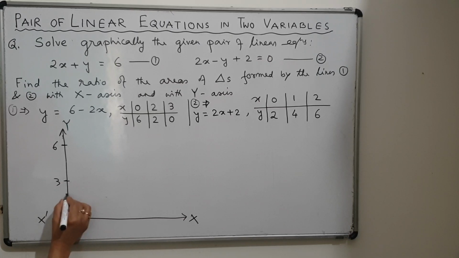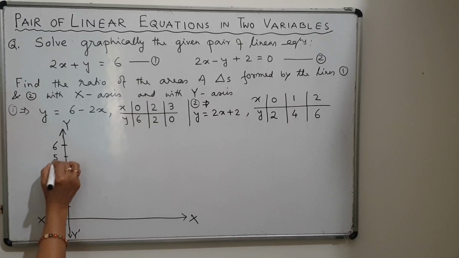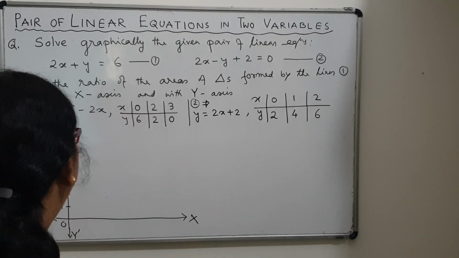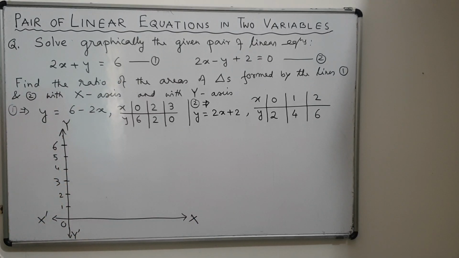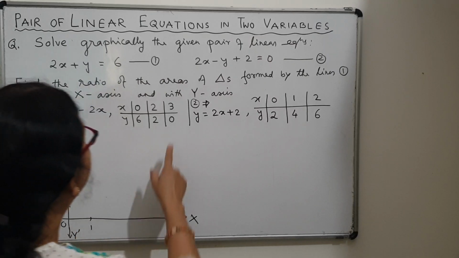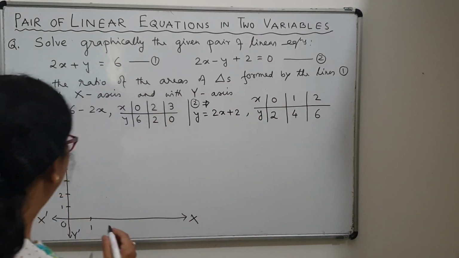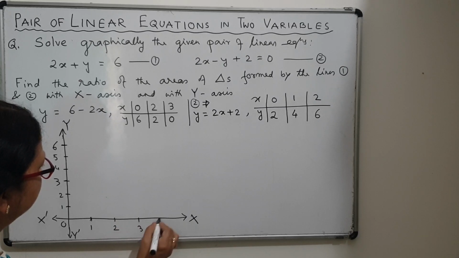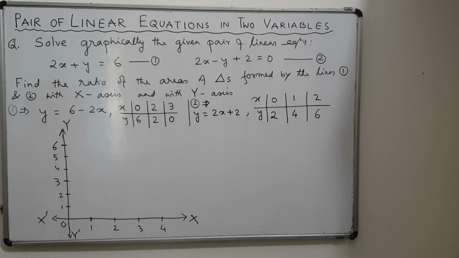So 1, 2. We'll be plotting on the graph paper. Here I am doing a rough sketch. So let me take 1. Maximum value of x is 3. So okay, say this is 1. I can take a different scale. So like this. Now I have fixed the scales on both the axes.